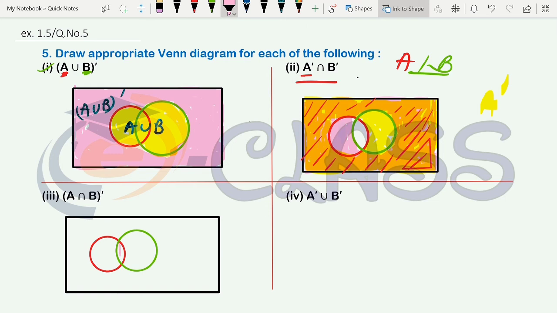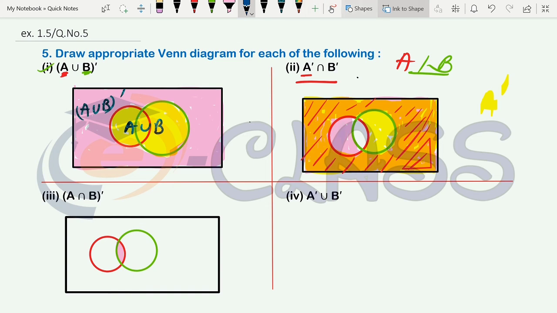This region is A intersection B. All the other regions except A intersection B is A intersection B complement.